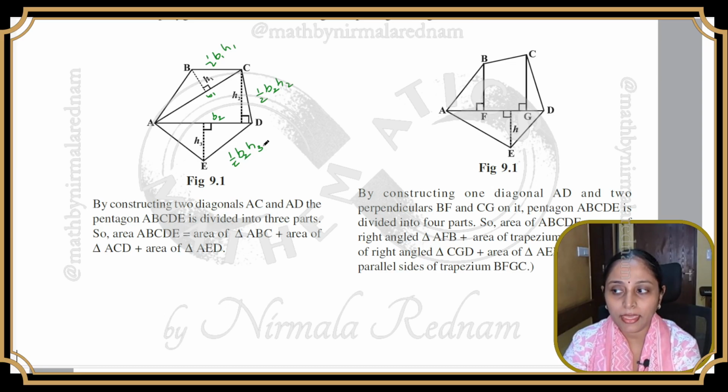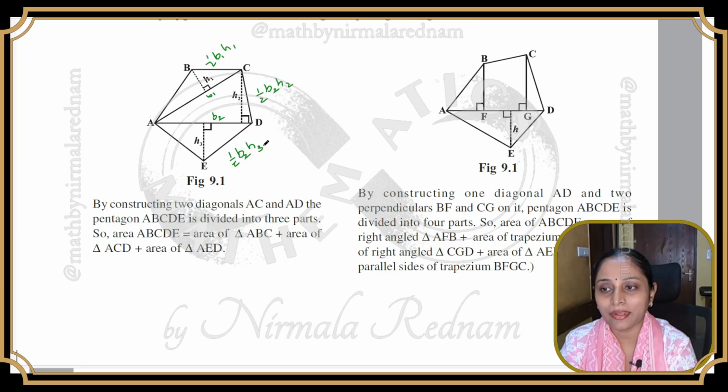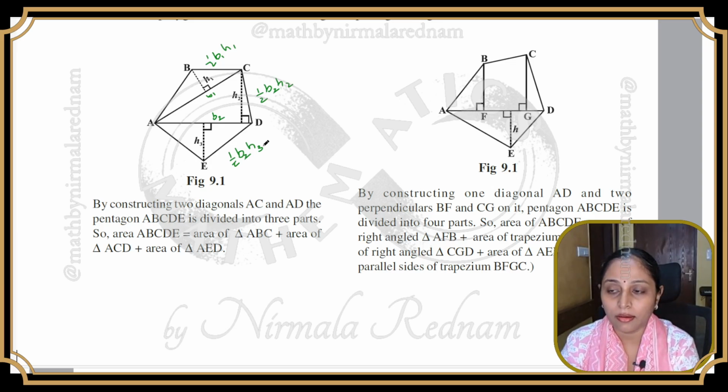So that is the aim here, to try to segment it into familiar figures, and as long as the measurements of the sides of those respective figures are known to us, we will be able to find the area of the entire polygon.